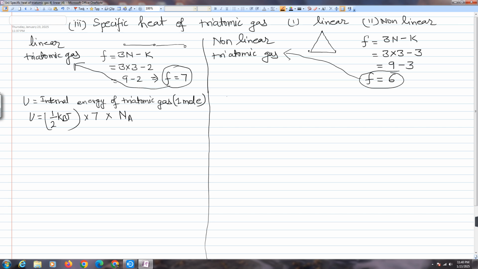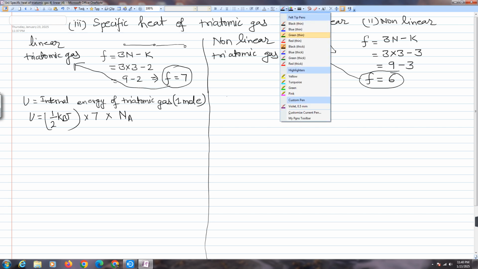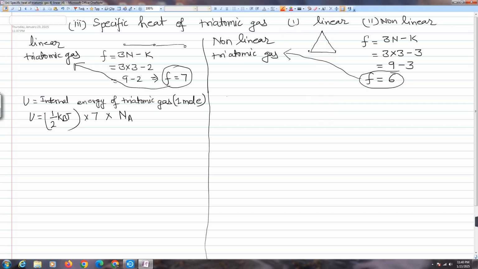Similarly for the right side, I am using red color here. I can write it like this: U is equal to 1 by 2 kBT multiplied by 6 multiplied by Na.